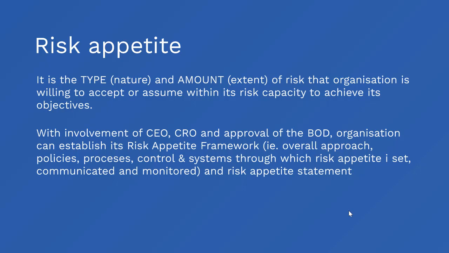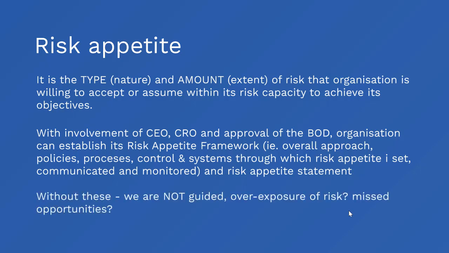This risk appetite framework contains the approach, policies, processes, controls and systems by which risk appetite is set, communicated and monitored. And then you will have a risk appetite statement. A risk appetite statement is an official document that can be used to communicate the risk appetite of the organization to different stakeholders.